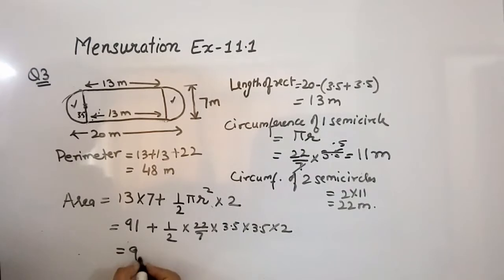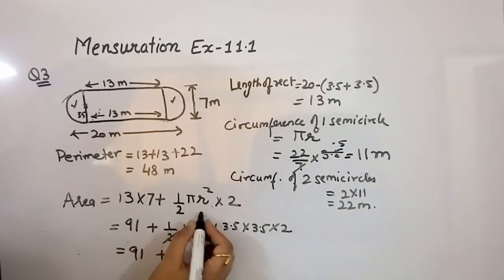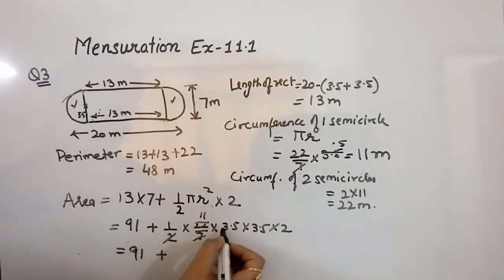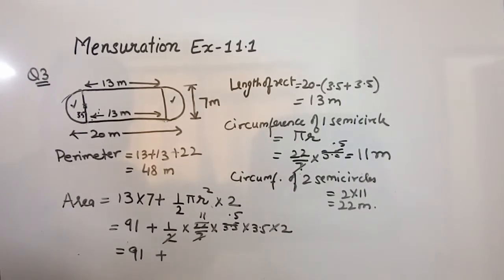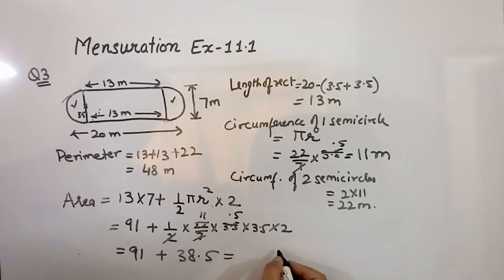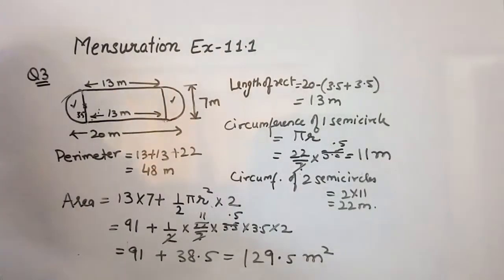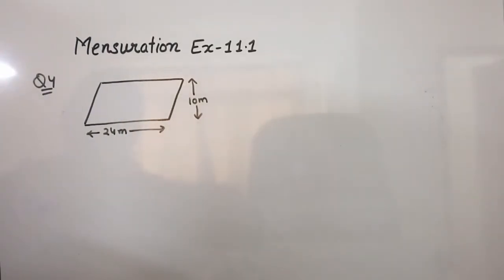This comes out to be 91 plus 38.5, that is 77 into 0.5, which is 38.5. Now the sum of this is 129.5 meter square. Now we will discuss question number 4.